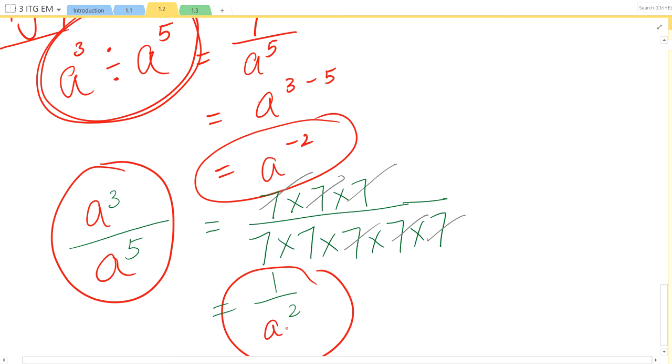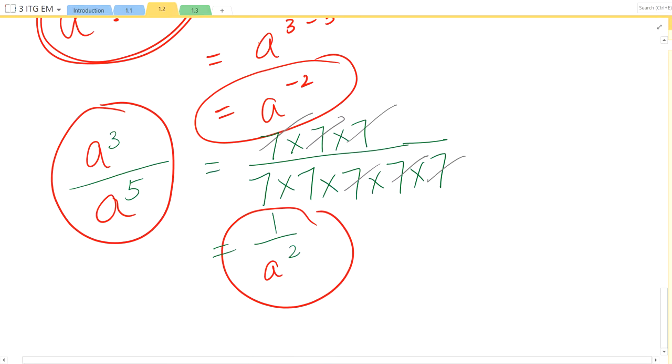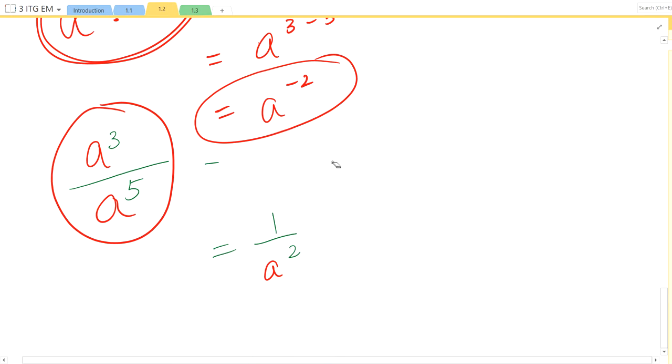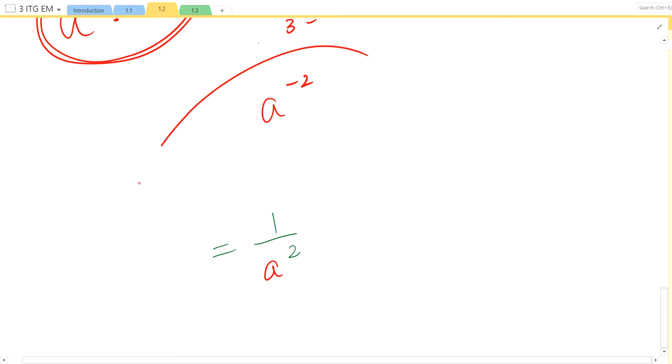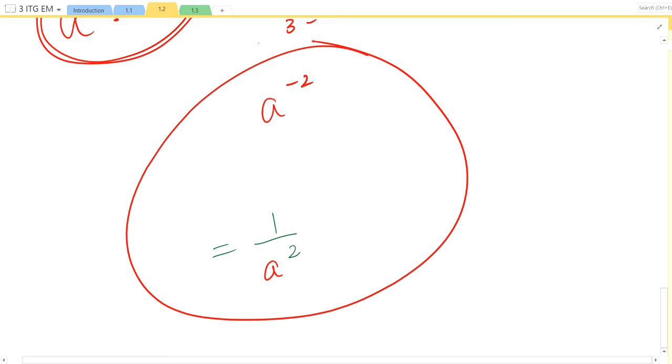Okay? Now, next question. Let me remove all other irrelevant things. We know that these two are meant to be the same. This is equal to 1 over a squared. What happens if the power, instead of 2, is changed to something else? Let's say 21. What is a to the power of negative 21? 1 over a power 21.